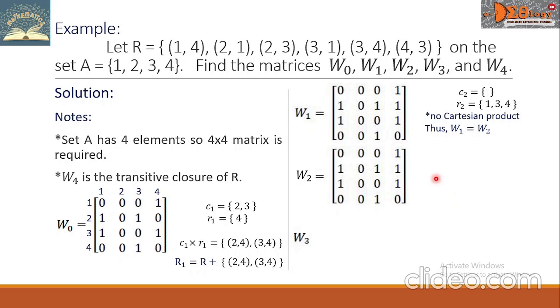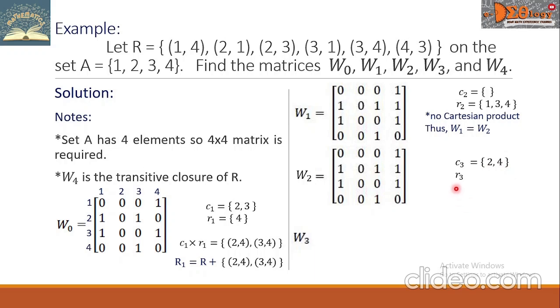Then let us write now the W sub 3. Let us consider the C sub 3, meaning we will write the elements of the column 3. With regard to our W sub 2, this is our column 3. There are 2 number 1 here. These 2 number 1 correspond to the elements 2 and 4.